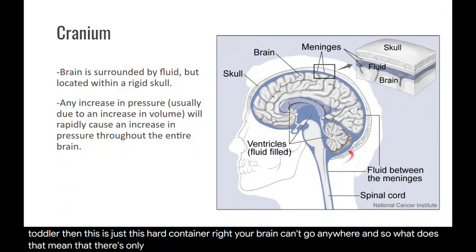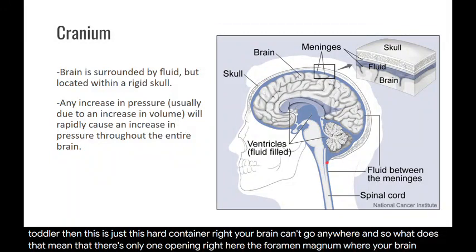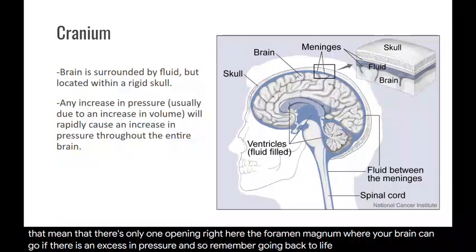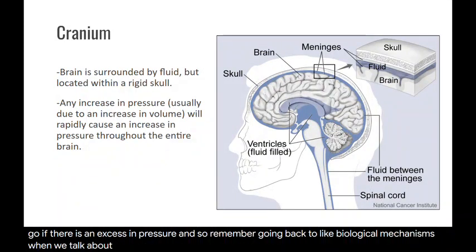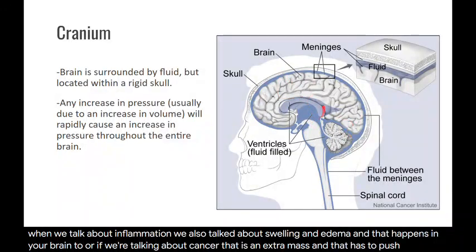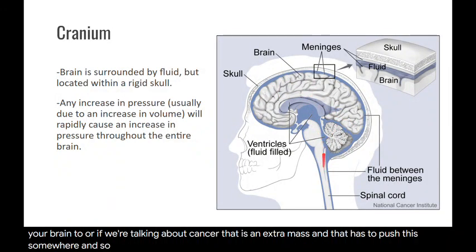There's only one opening right here, the foramen magnum, where your brain can go if there is an excess in pressure. Remember, going back to biological mechanisms, when we talk about inflammation, we also talk about swelling and edema, and that happens in your brain too. Or if we're talking about cancer, that is an extra mass, and that has to push somewhere. And so then it just pushes down.